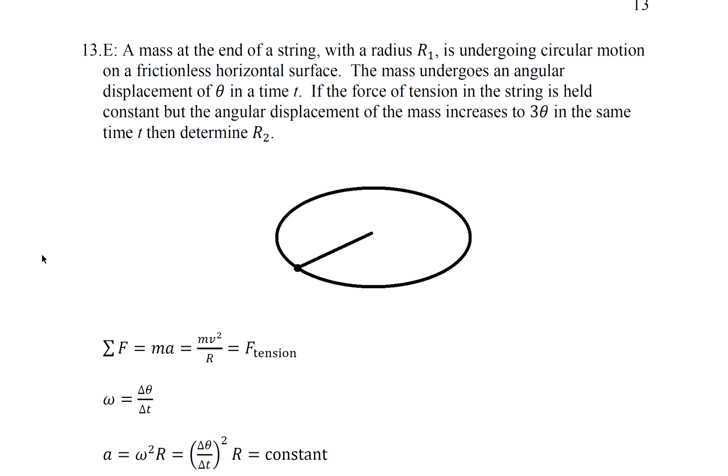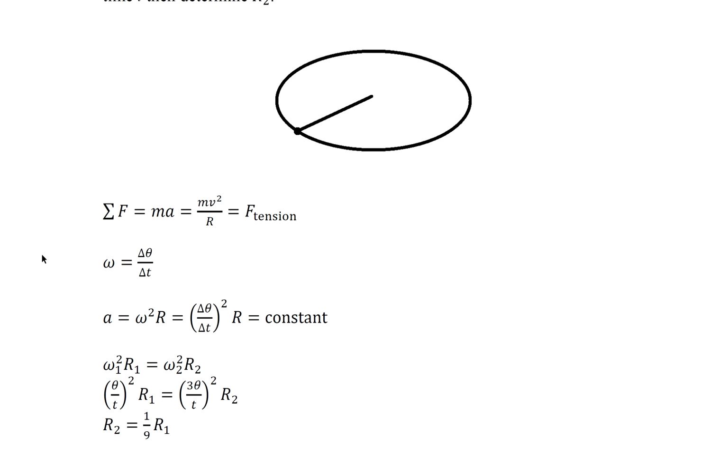Question 13. A mass at the end of a string with a radius r1 is undergoing circular motion on a frictionless horizontal surface. The mass undergoes an angular displacement of theta in a time t. If the force of tension in the string is held constant, but the angular displacement of the mass increases to 3 theta in the same time, then determine R2. So read this question once, twice, try to understand what we're going to do.